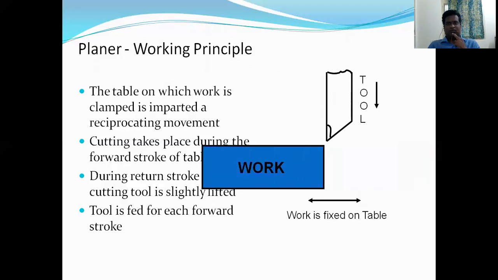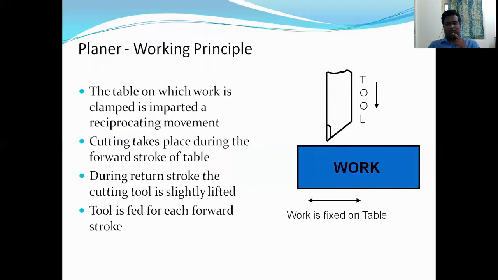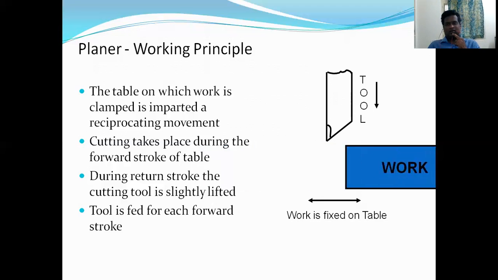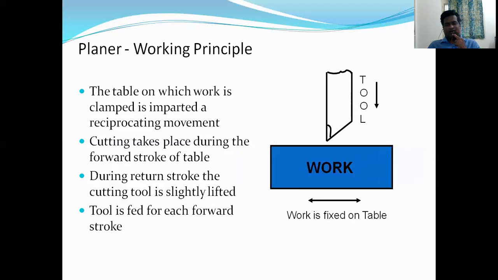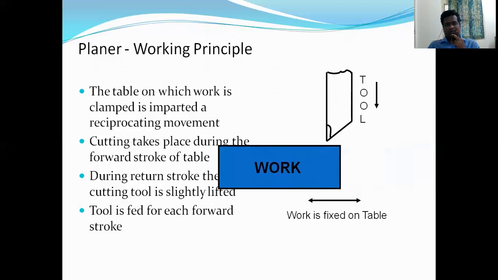So what we have to do is just lift the cutting tool when the work is coming backward, right? So for that reason, the cutting tool has to be slightly lifted when the return stroke is happening. Okay. So this working principle we can easily understand by this animation.